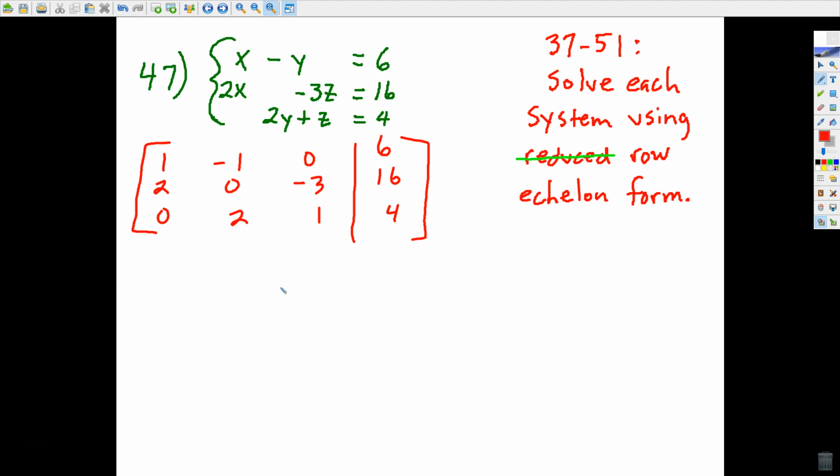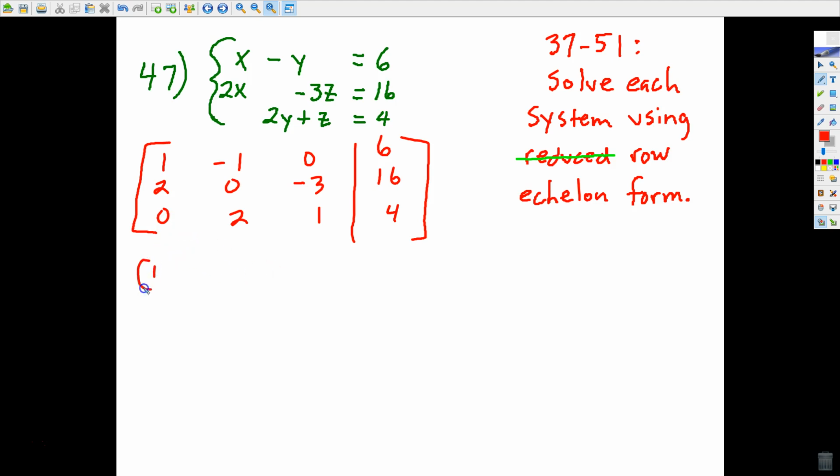All right, so looking at your rules, what would you suggest we do next? There could be a wrong answer, but sometimes there are multiple good answers. Any thoughts? I need a 0 here. Well, did you see on your rules that you can interchange any 2 rows? So what if we just switch places with 2 and 3?